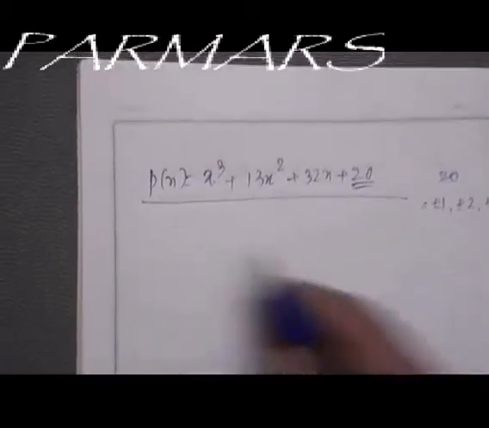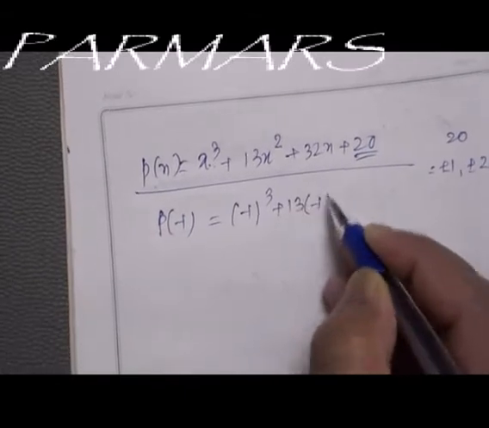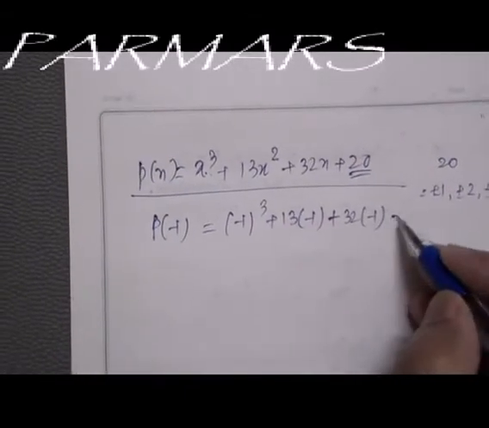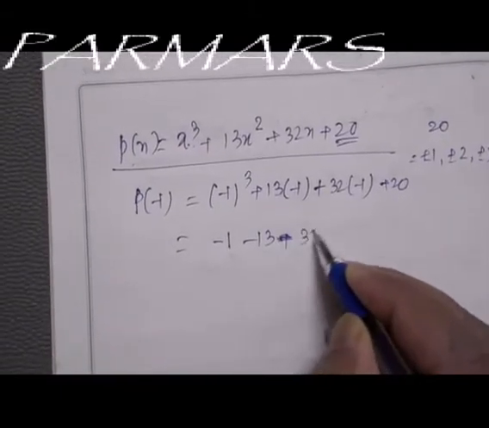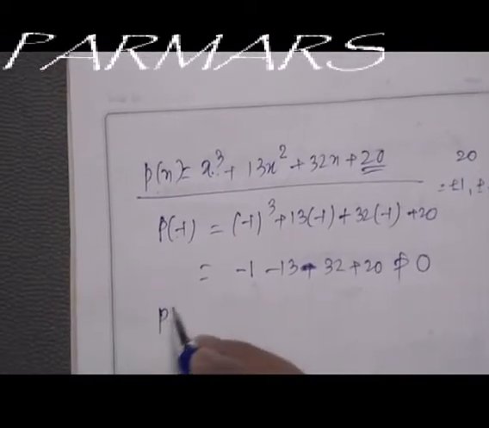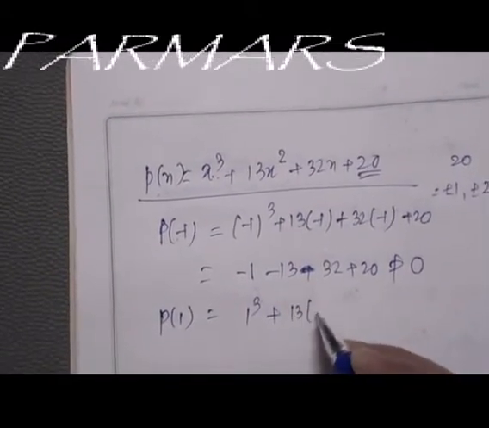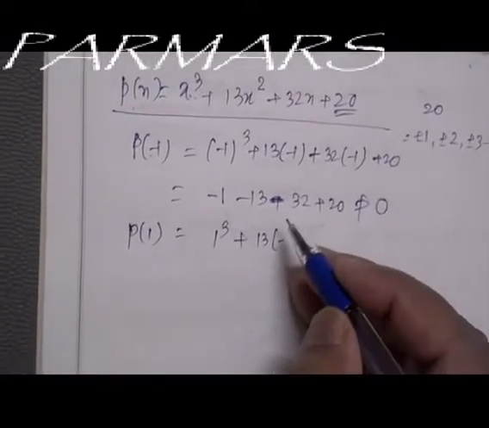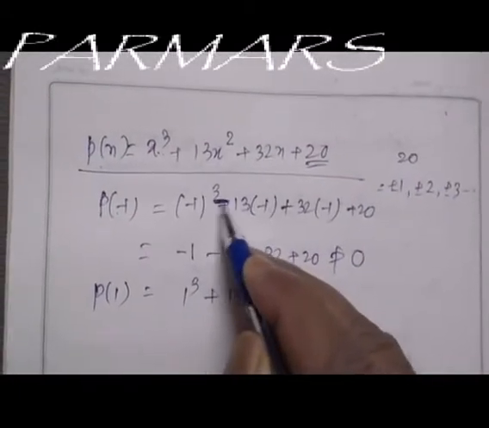Now just try to put minus 1: minus 1 cube, 13 into minus 1 plus 32 into minus 1 plus 20. This is minus 1 minus 13 minus 32 plus 20. Sorry, not 0. So minus 1 is not a zero. Let us try 1 cube plus 13 into 1. Yes, I had just made a mistake. Here it is minus 13.